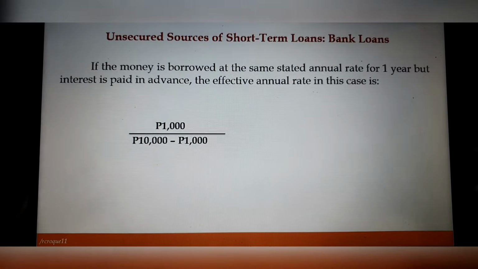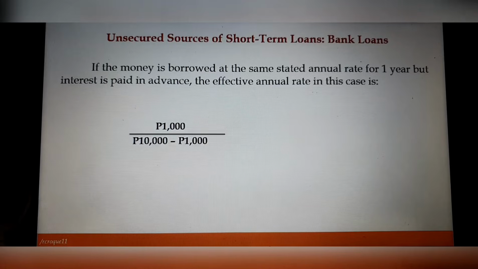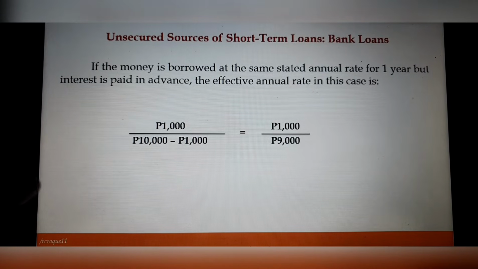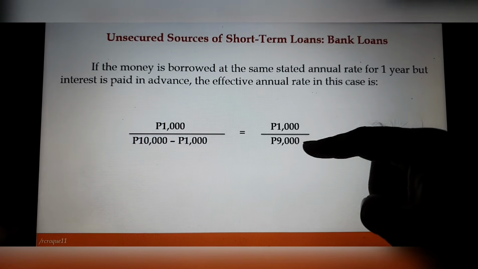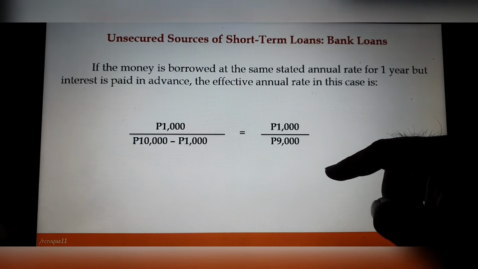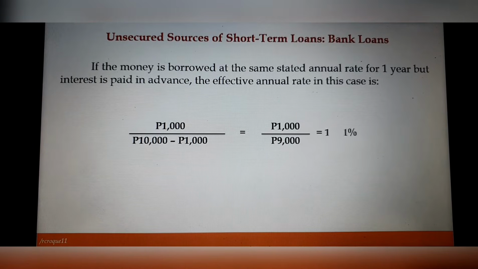So, effectively, ang ating cost would be 1,000 over 9,000. If you will notice, interest or the cost sa numerator, ang denominator natin ay yung laging proceeds. So the rate is 11.11%.